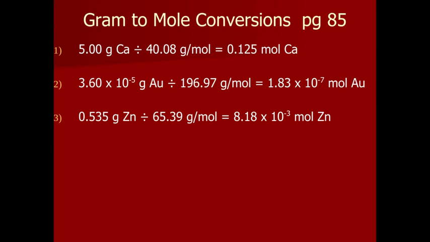And I get 0.008 moles of zinc. I've turned that into scientific notation, which is 8.18 times 10 to the negative third. You can write it either way, regular or scientific. So either you're going to have 0.008 or 8.18 times 10 to the negative third.